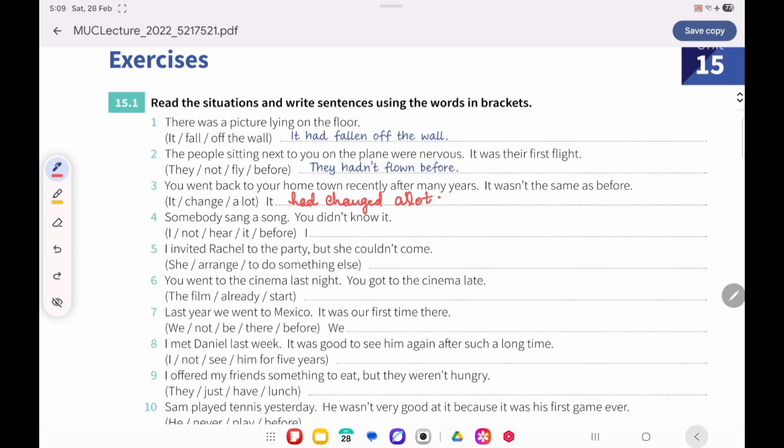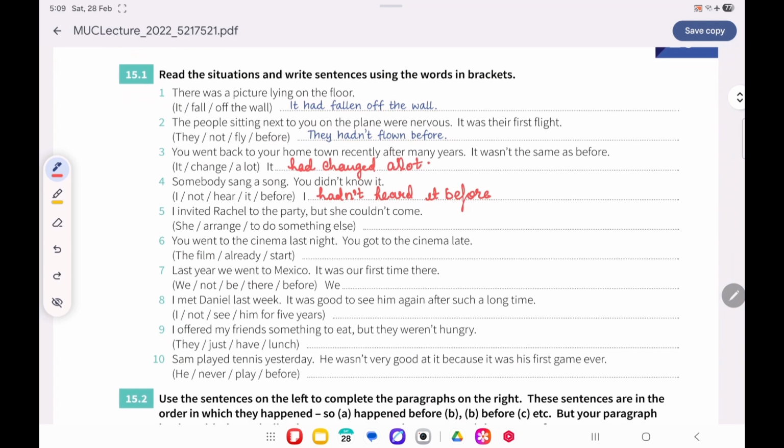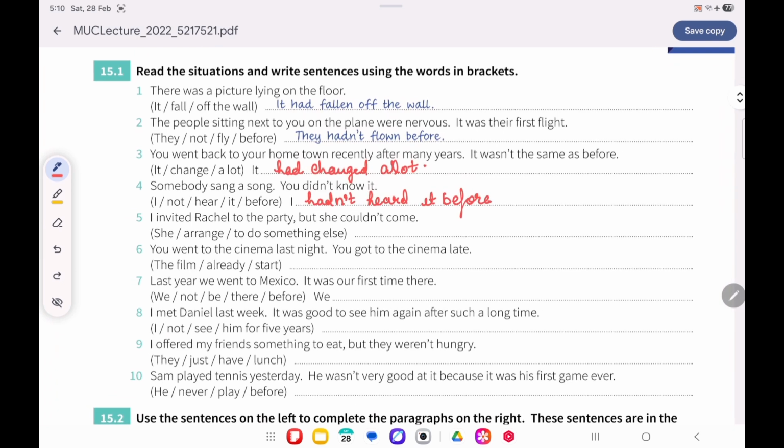Somebody sang a song. You didn't know it. I hadn't heard it before. In exercise 1, you write all the sentences in past perfect.